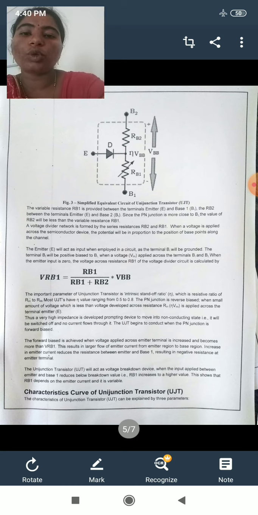Here base 2 is at a more positive potential as compared to base 1.